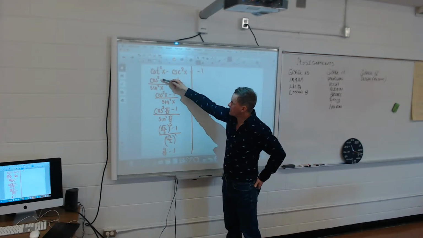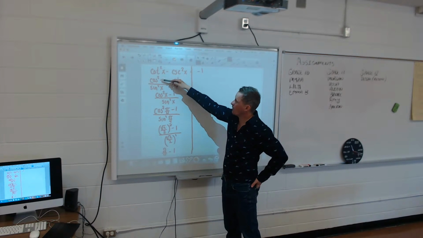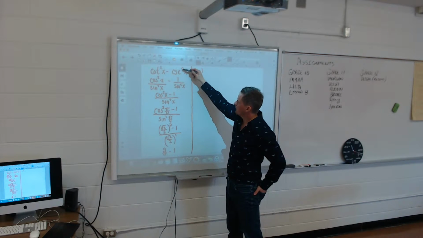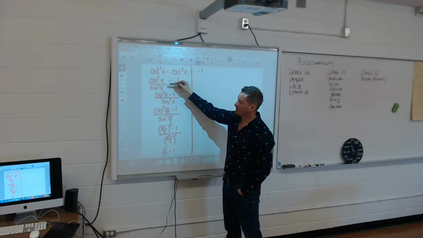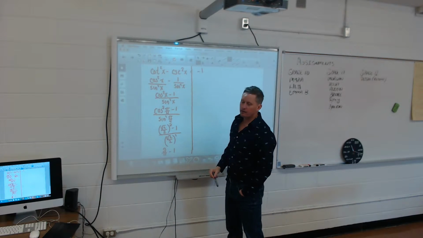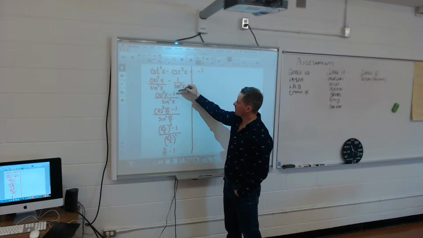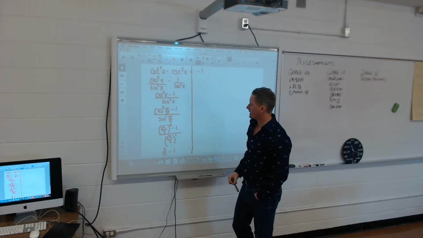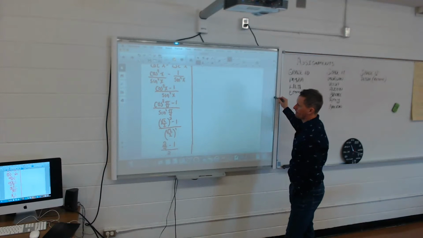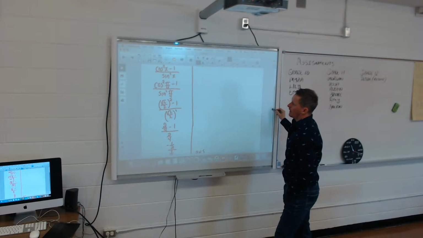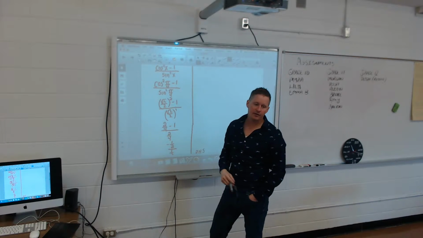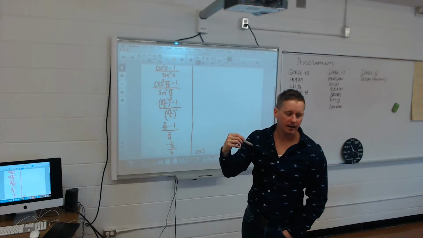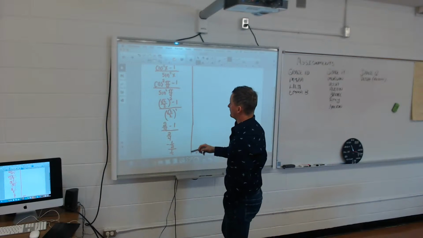I changed this to sine and cos. So cotan squared was cos squared over sine squared. Cosecant squared is 1 over sine squared. I have a common denominator here. And then I have cos squared x subtract 1 over sine squared x. I put my pi over 4 value in. And then I have to use my unit circle and put the exact value in for it.